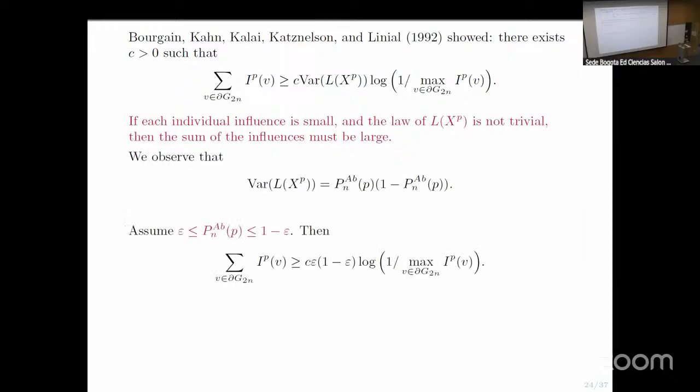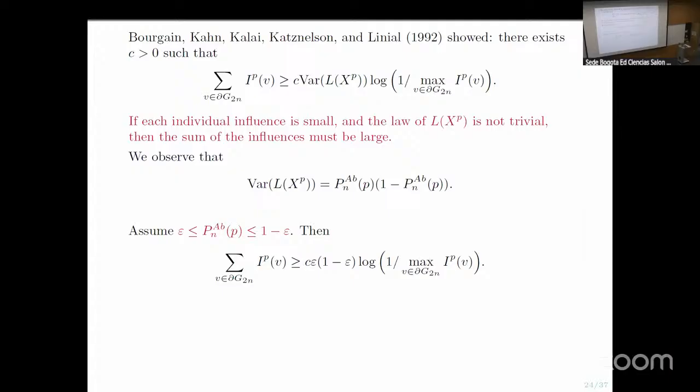Okay, so I'm going to use this to find a lower bound of the derivative with respect to p. Since this L is a Boolean function, I can compute the variance. It's actually Pn times (1 minus Pn). If I assume that Pn is bounded away from 0 and from 1, that is, between epsilon and 1 minus epsilon, I can bound this sum using this inequality.